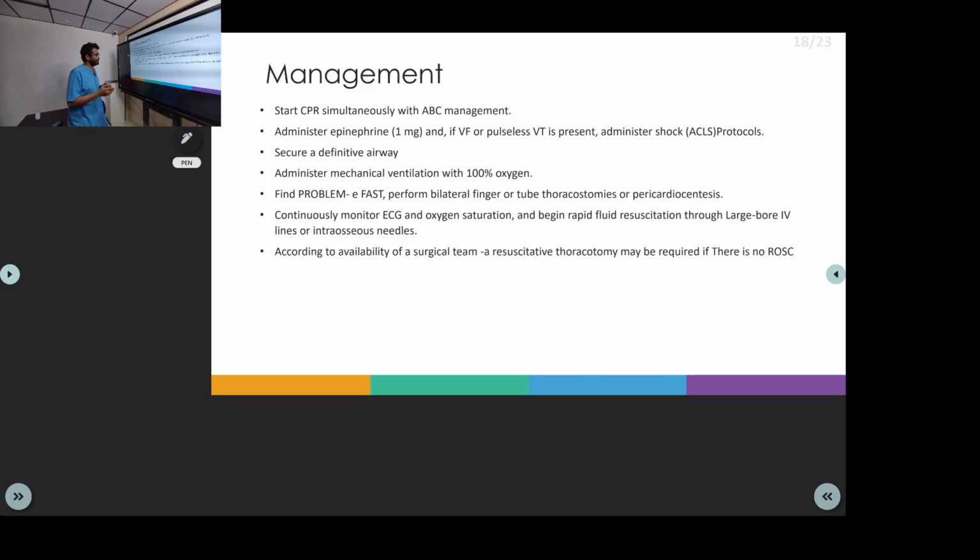And if there is any chance of fluid, thoracostomy or pericardiocentesis can be done. During this time we have to continue monitoring on the cardiac monitor, and O2 should be given. And according to the availability of the surgical team, if needed, we can do the thoracotomy also.